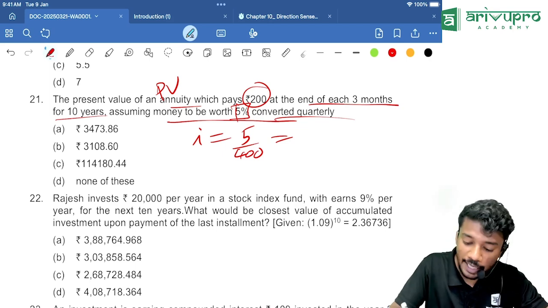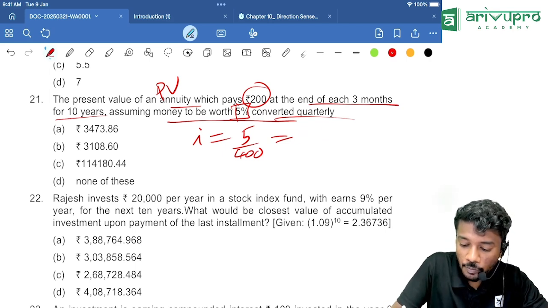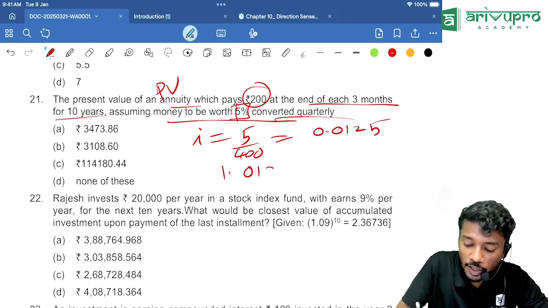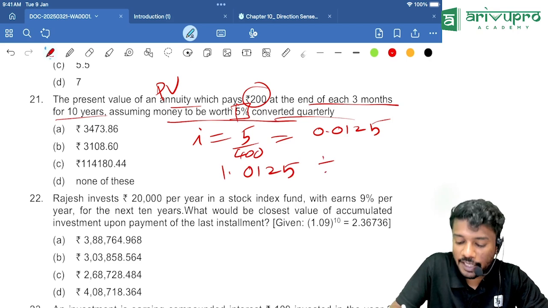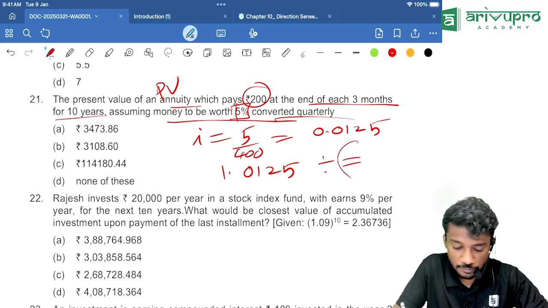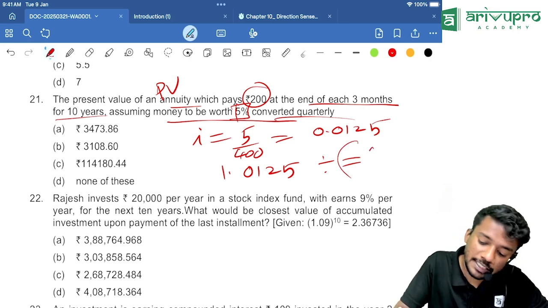I'm telling you, the answer is 0.0125. So 1.0125. Then raised to how many times? 40 times. 40 or 30 times? 40. Yes, perfect.